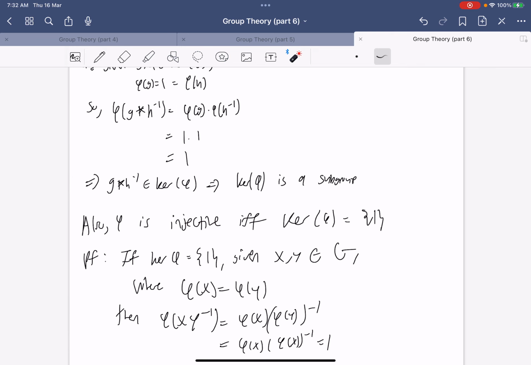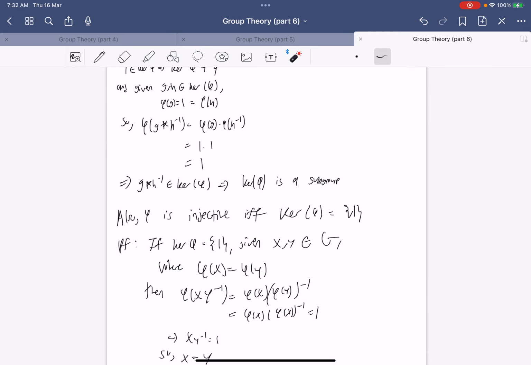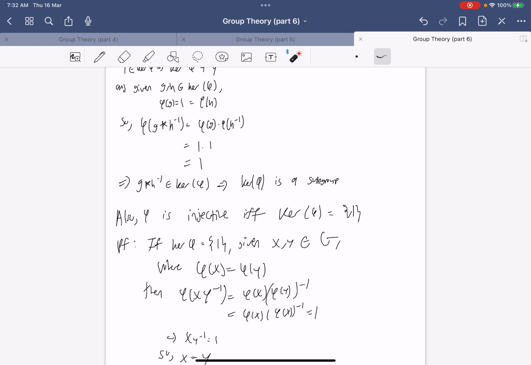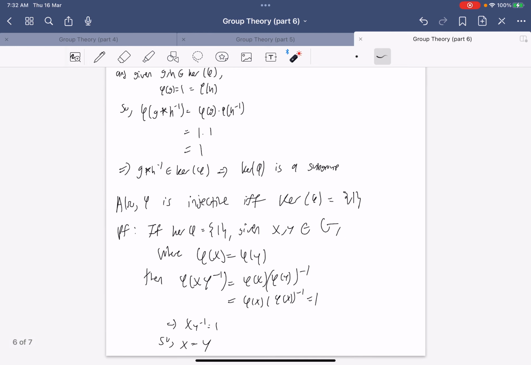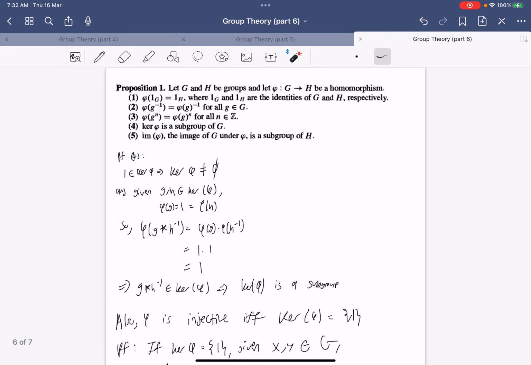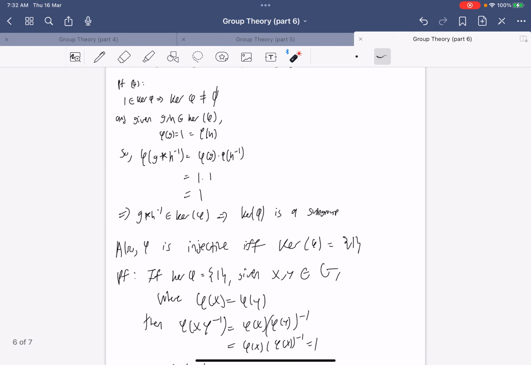So if the kernel equals 1, then you just take two elements in G with phi of x equals phi of y, and you want to show that x equals y. So then we just consider phi of x y inverse, and this is just phi of x times phi of y inverse, and phi of y inverse is just phi y inverse.